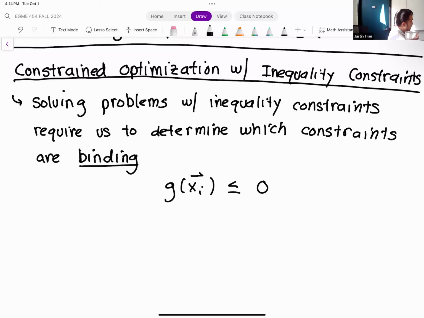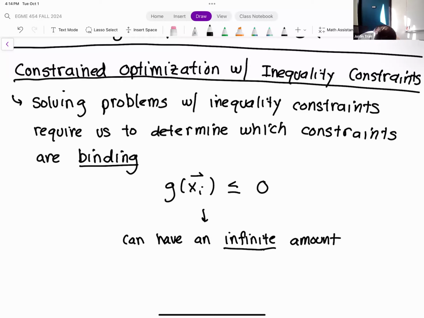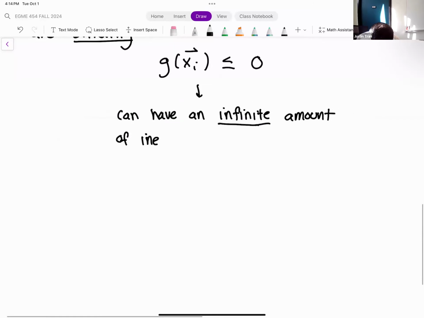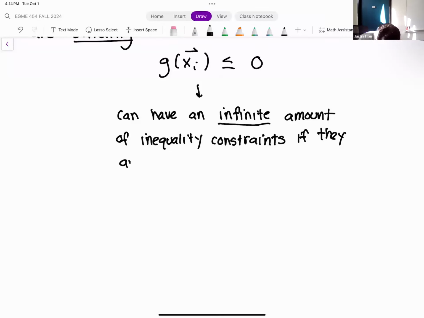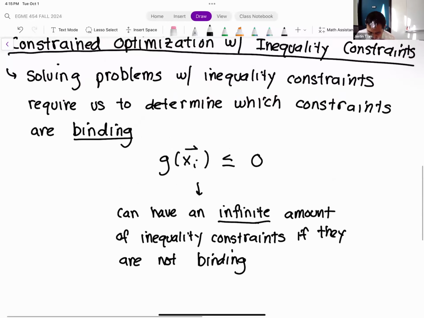The main challenge is that, technically speaking, if our inequality constraints aren't binding, we can have, in theory, an infinite amount of these inequality constraints, and a lot of times they're not going to have any effect on our problem.